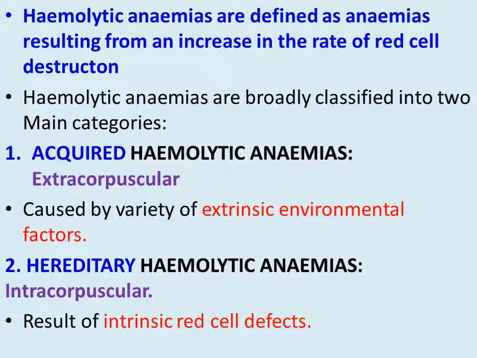Second, hereditary hemolytic anemia, which is intracorpuscular, whereas acquired hemolytic anemia is extracorpuscular. Intracorpuscular means intrinsic red cell defects, so hereditary hemolytic anemia is due to intrinsic red cell defects.